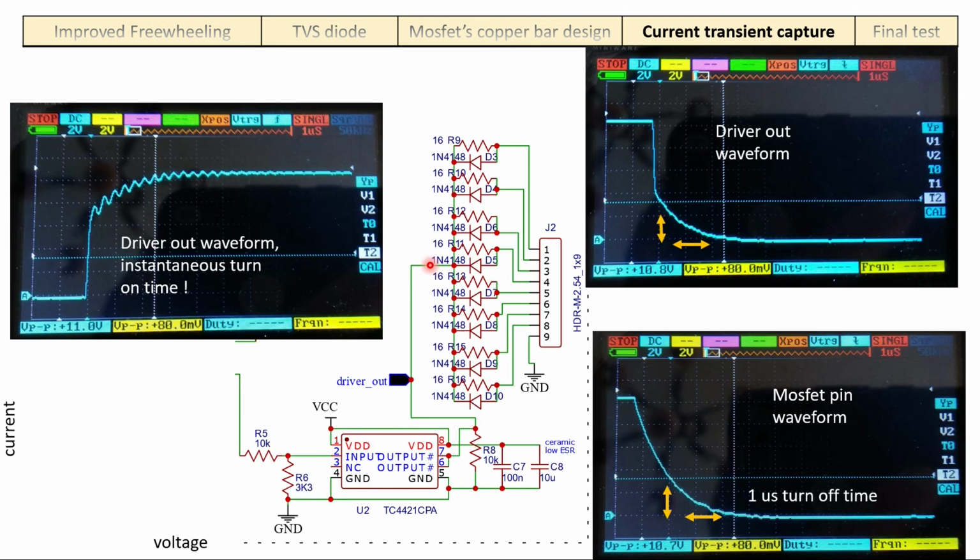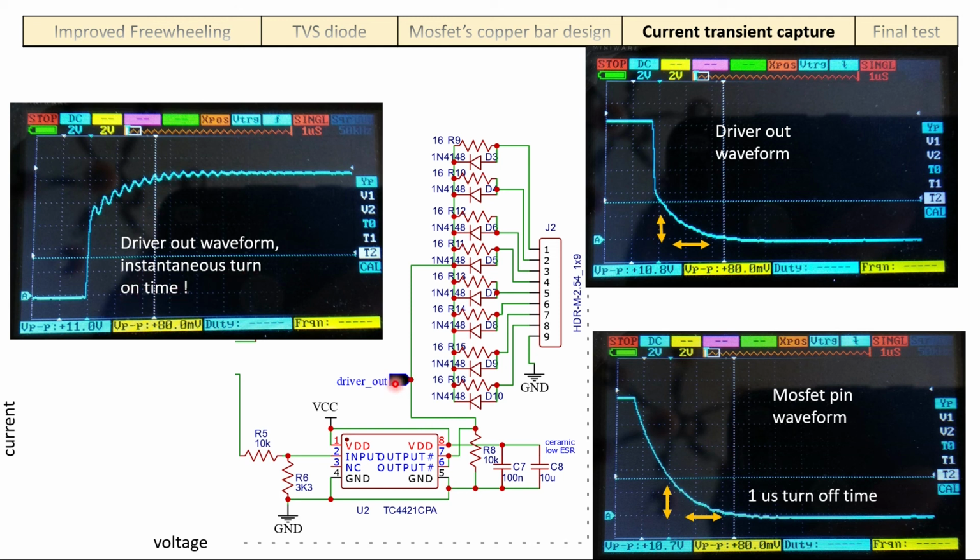In my case, I decided to use this integrated circuit which provides a lot of current, and as you can see from the driver out waveform, namely this point, before arriving at the gates of the MOSFET, I have a very short rising edge. The turn on time is sharp.